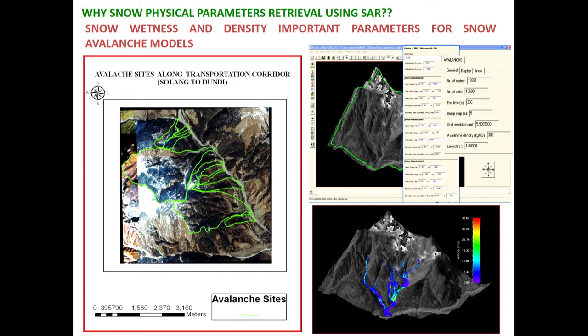Earlier I was telling you about the density because the density measurements across this entire Himalaya are very scarce, and this model requires the density. You have to provide the density and the slope. If you have the SAR data set, using the inversion models, you can estimate the density, and slope you can get from the digital elevation model. You can feed that information into these kinds of models and do this kind of analysis.